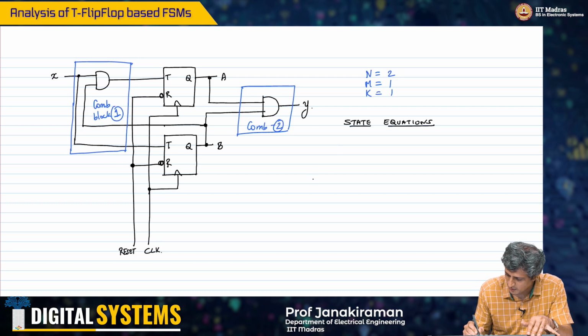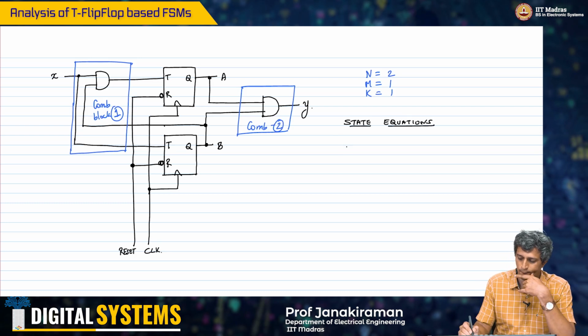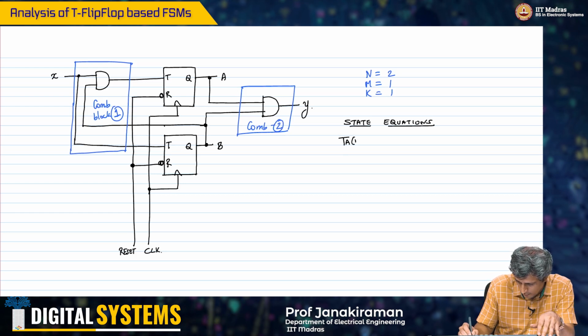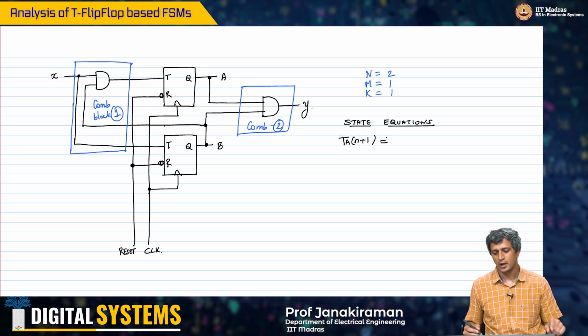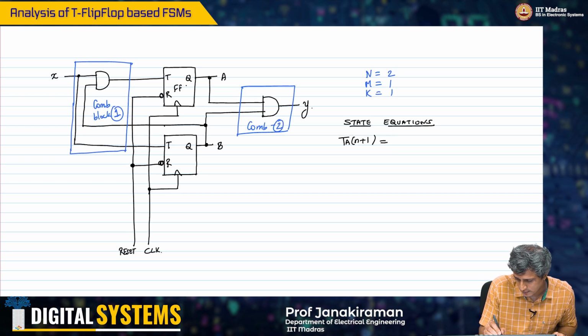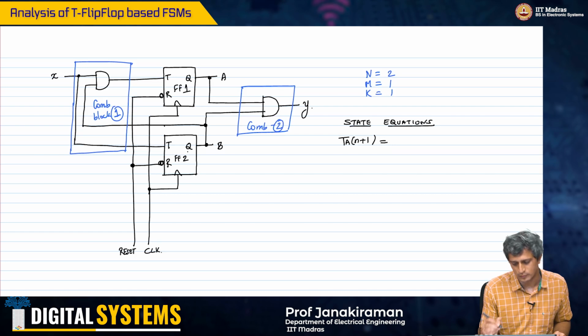So what are the state equations now? I am going to simply write TA of n plus 1, the toggle input for the flip-flop whose output is A, which is flip-flop 1, and this is flip-flop 2.